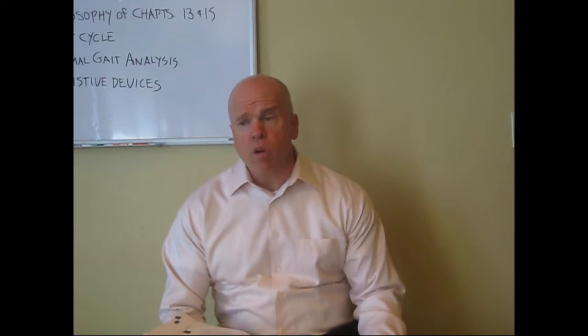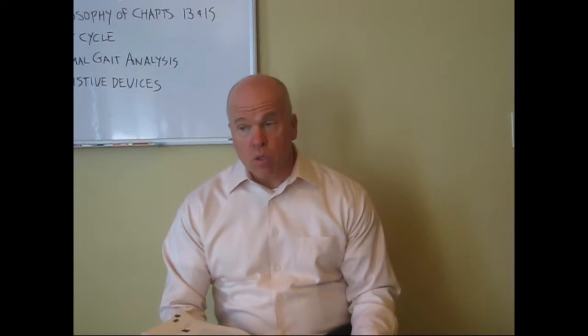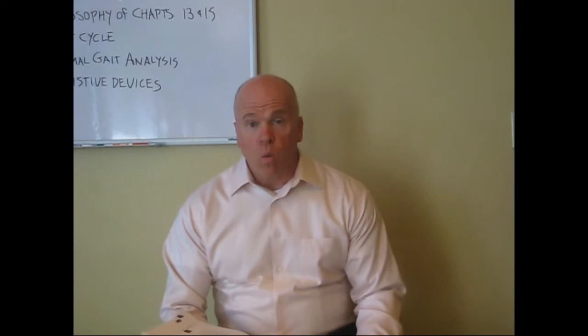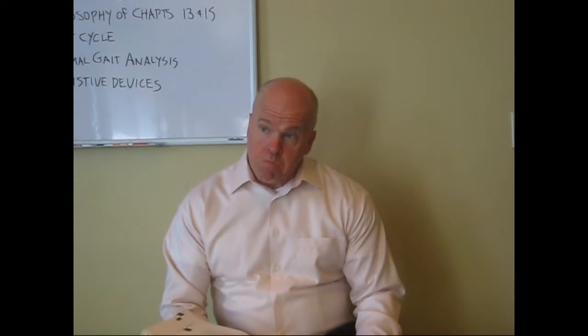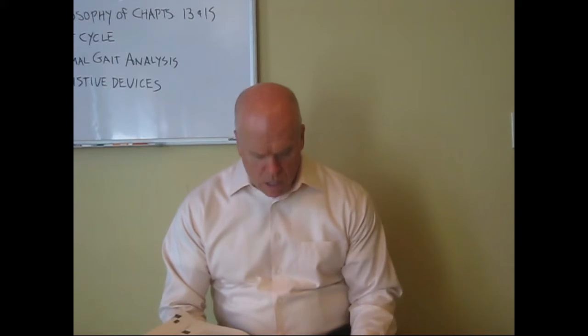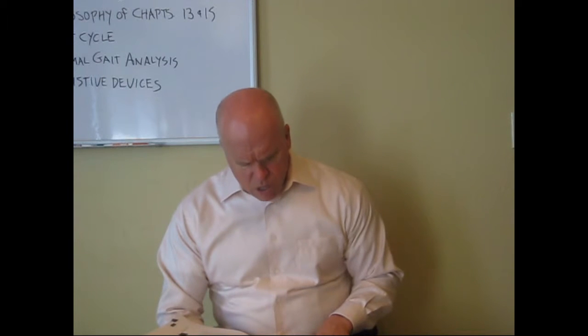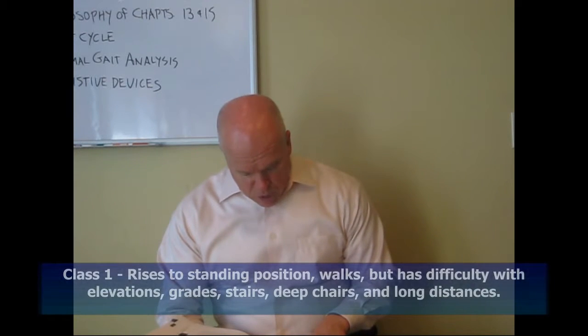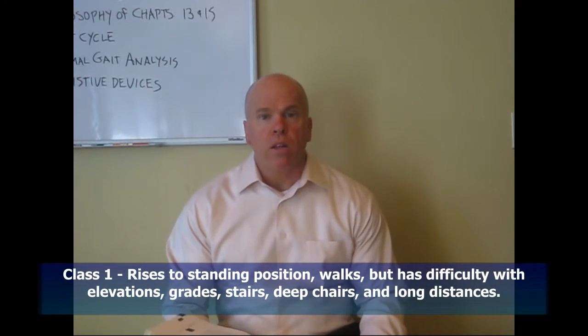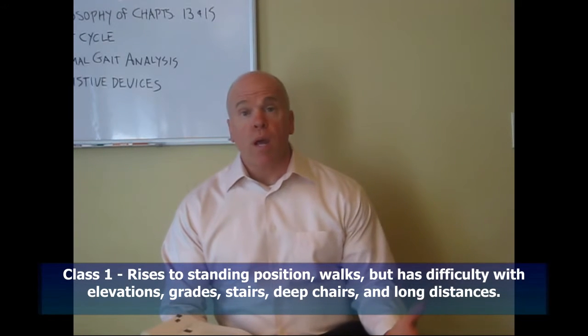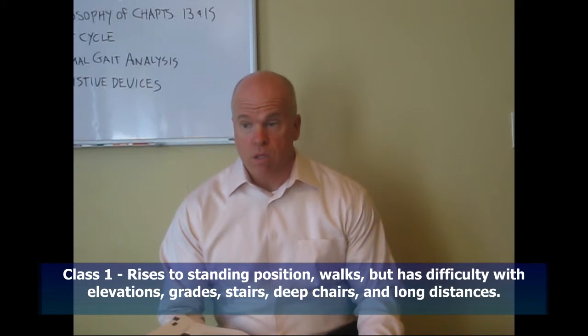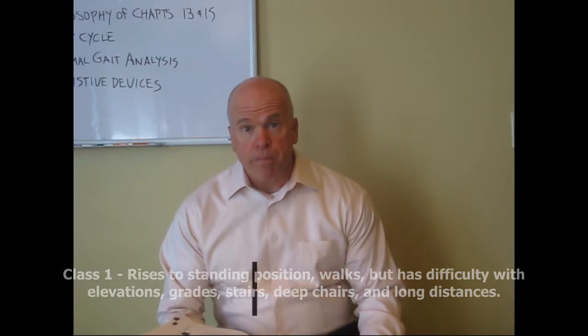Okay, and they have some sort of a peripheral nervous system disorder, a central nervous system disorder, and they're able to rise to a standing position. They can get up, they can walk, but they have some difficulty with elevations, grades, stairs, deep chairs, and long distances. Would this perhaps describe a person who has drop foot?